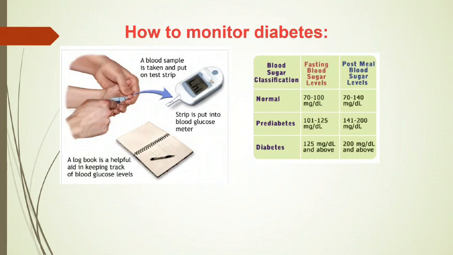Pre-diabetes shows a result between 101 to 125 mg per dl, and in postprandial 141 to 200. In severe diabetes, it is above 125 mg per dl in fasting, and 200 mg per dl and above in postprandial. Along with this, we can also take HbA1c, which shows you the average diabetic value of 3 months.